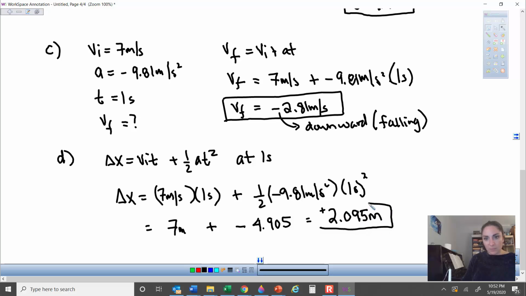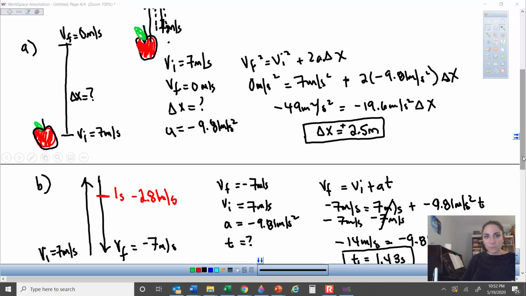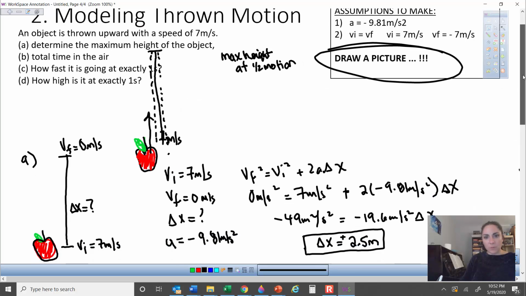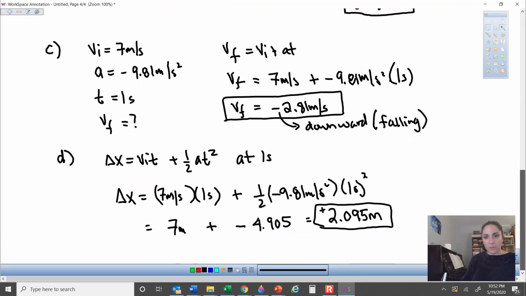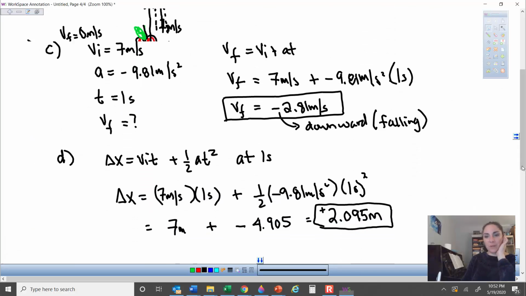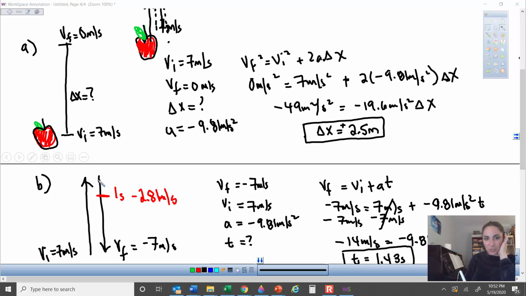Above, so the positive means I'm above where I started, so that makes sense. What did we say the maximum height was? 2.5. Yeah, we're actually very close to the top, 2.095. So actually, it should be up here is where that actually occurs. So, what was my total time?